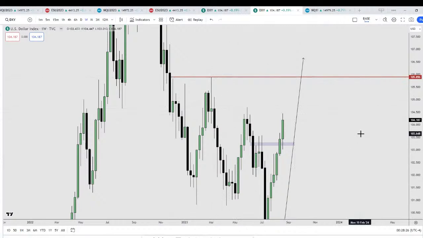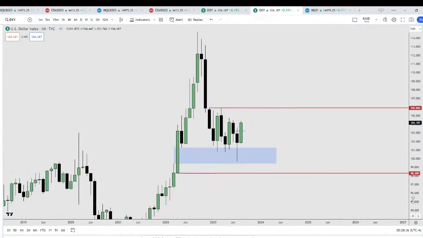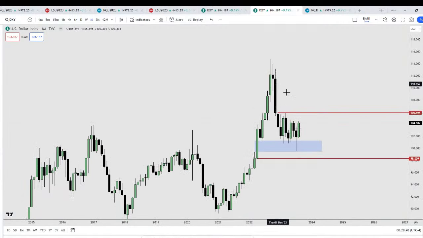That would be this level here, 105.896. That would be the monthly fair value gap right here. Okay, and because the dollar is bullish, I'm expecting this fair value gap to be disrespected, right? I want to see price trade through.